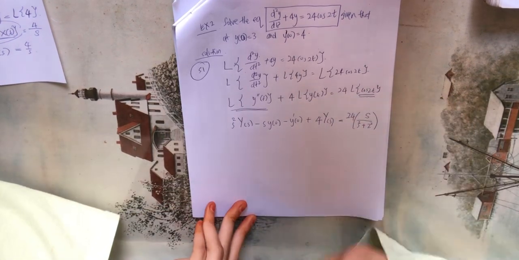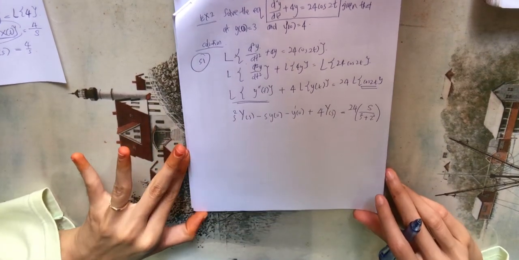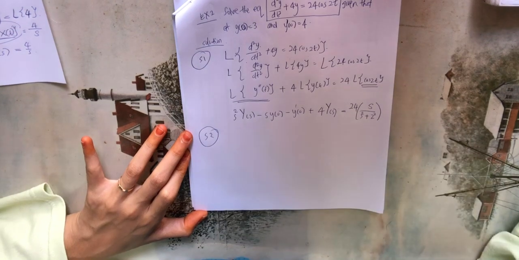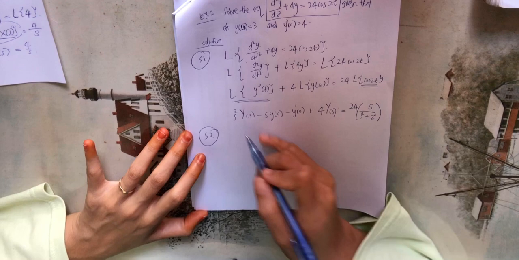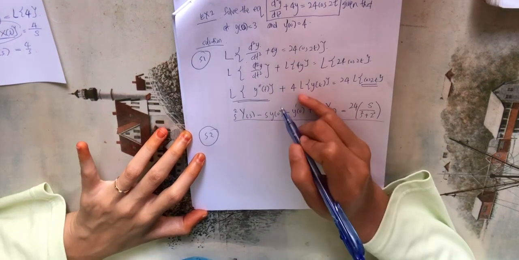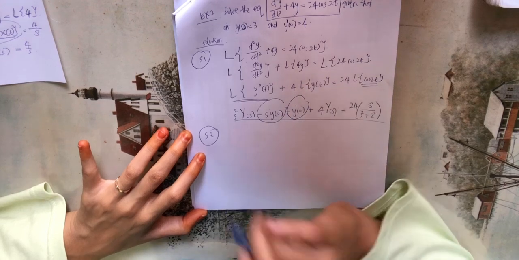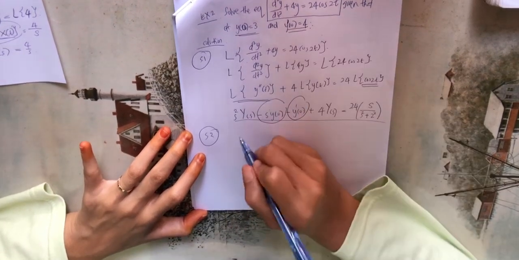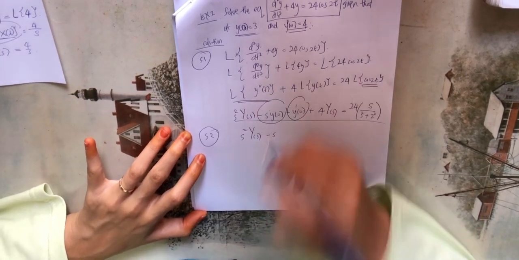Right, so we settle step 1. Now we want to proceed with step 2. Step 2 says that you need to substitute the initial conditions. From here, they have 2 initial conditions, y(0) and also y prime 0. So you will substitute these numbers. So it becomes s square Y(s) minus s.